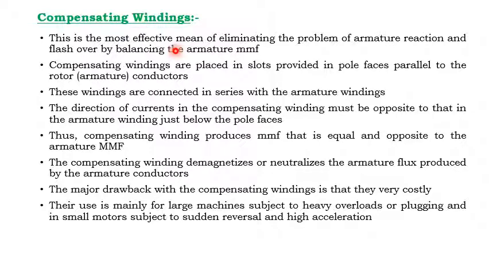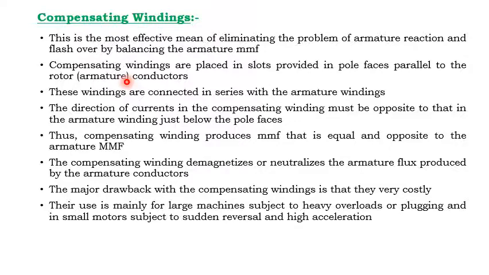Now the compensating windings are placed in slots provided in the pole face, parallel to the rotor conductors. So whatever the main pole faces are, slots are provided. In those slots the compensating windings are placed, and these are parallel to the armature conductors.